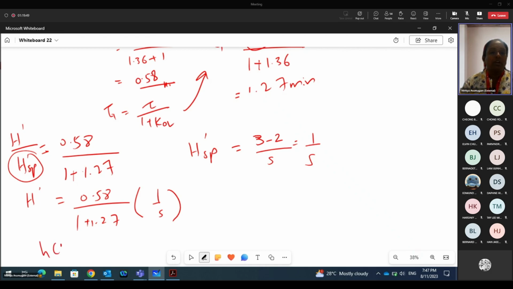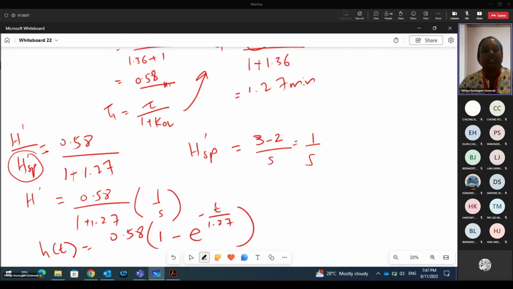Okay. And this is the Laplace transform form. Or I can also define this in terms of the time domain. For that, I'm going to get 1 minus e to the power of negative t over 1.27. You have to get yourself familiar with what form you will get when it is transferred from Laplace form to time domain, or from time domain to Laplace transformation. So now I have the time domain expression for the height, right?